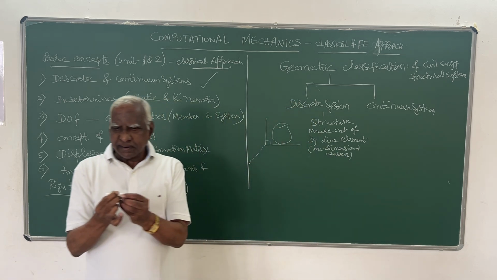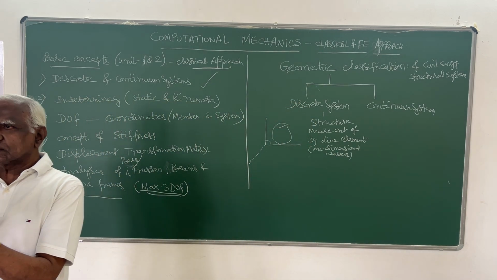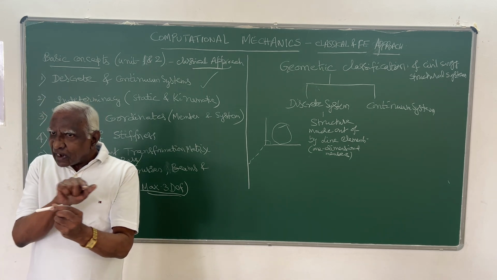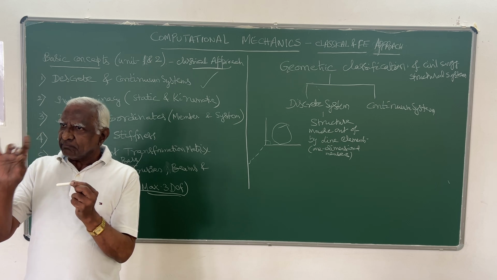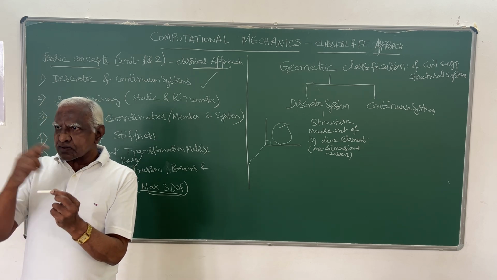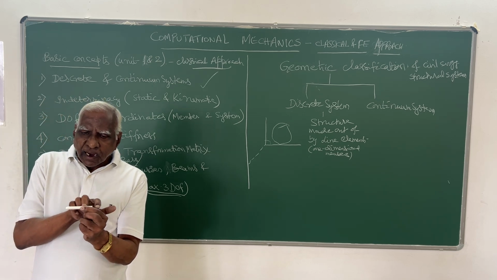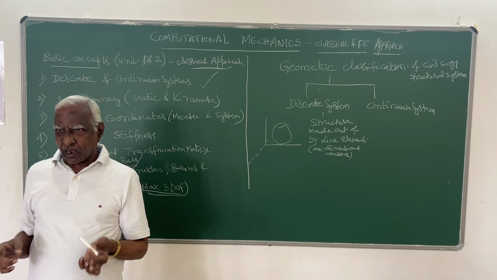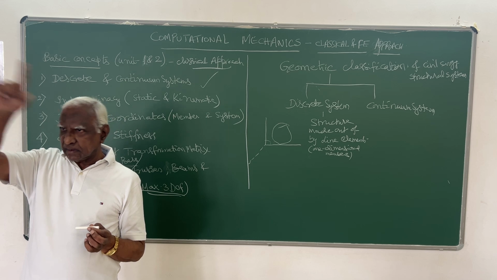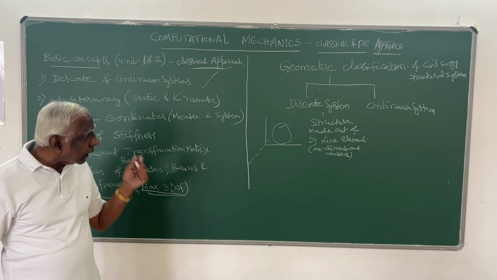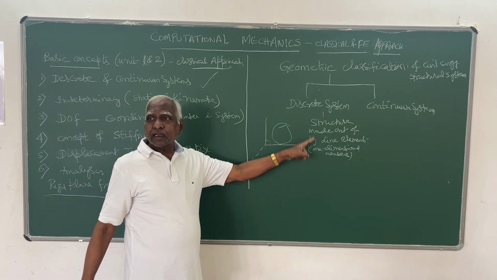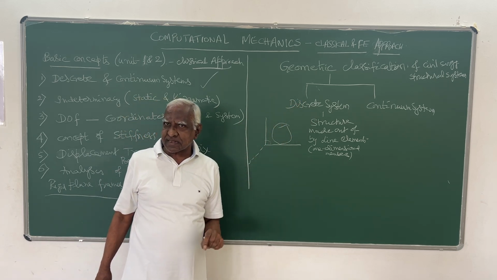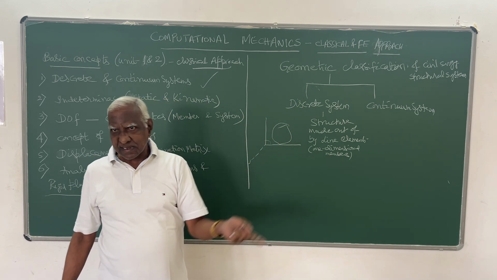Line means it has one dimension very large when compared to the other two dimensions, because any structure will have elements or members which have some volume. Since volume is the product of three dimensions, and one of the dimensions will be very large, the other two are small. If the members in a structure all have one dimension very large when compared to the other two, we call such a structural system a discrete system.